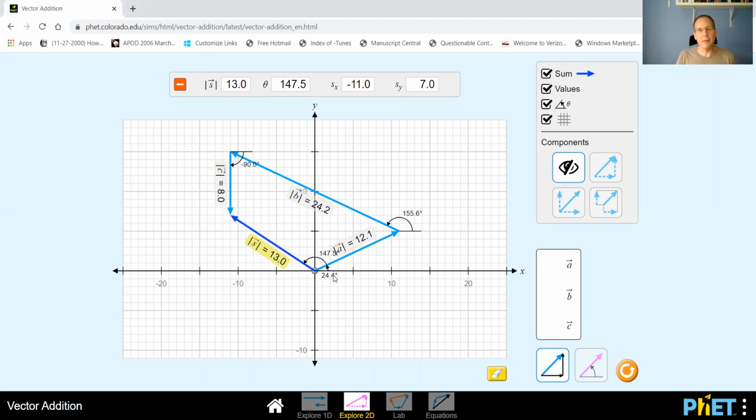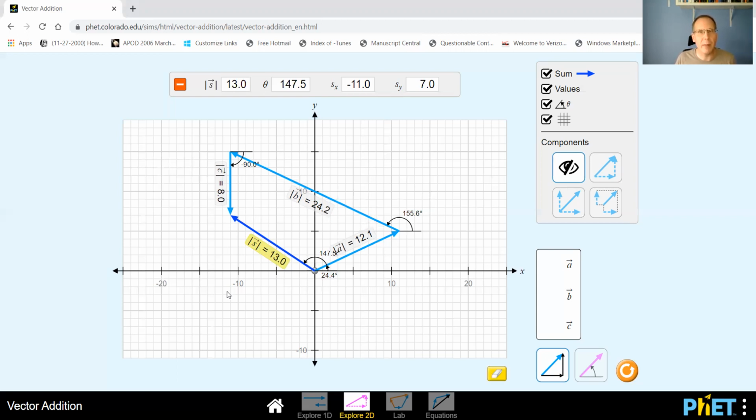If I add vector A plus vector B plus vector C, I get a vector which has a magnitude of 13.0 newtons, and an angle of 147.5 degrees. They're calling it S here, but this is what we call R, the resultant vector.